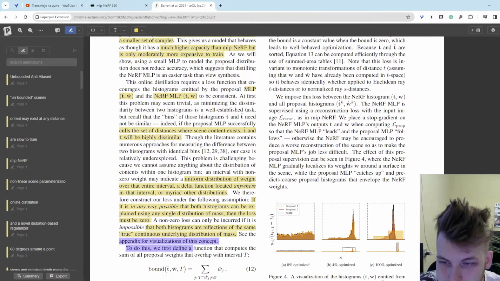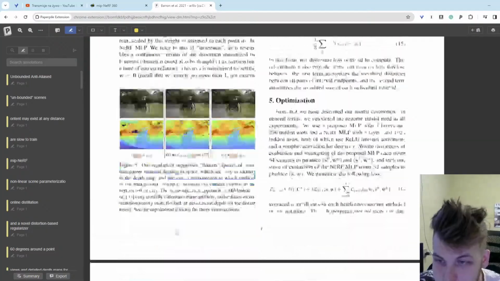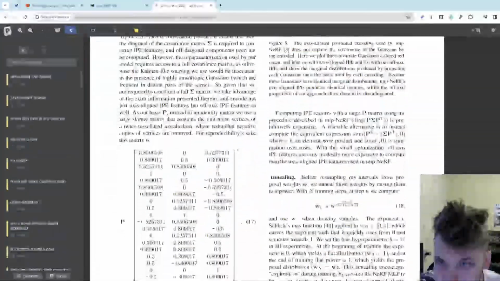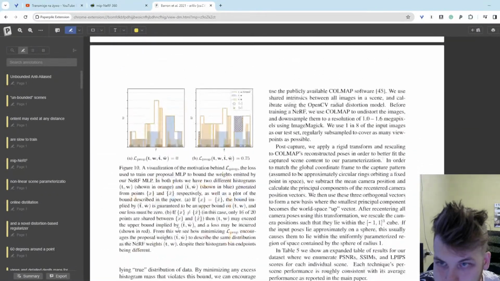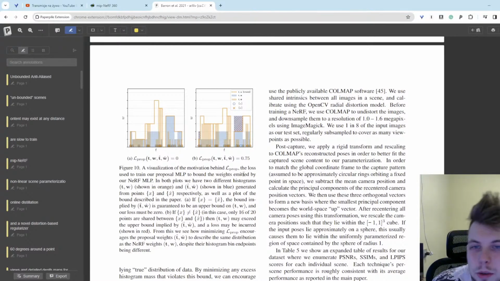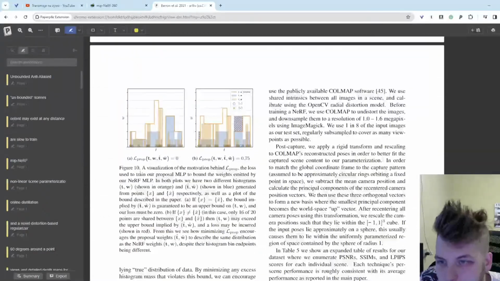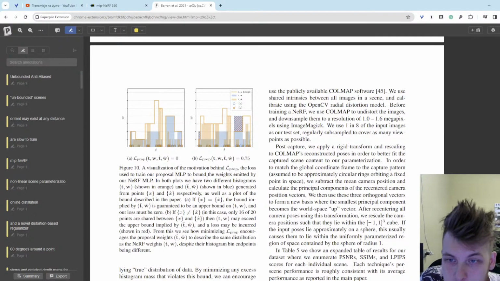They have some visualizations in the appendix, so let's see, that's gonna help me explain what's going on here. Oh, this will be it probably, right? Visualization of the motivation behind this loss used to train our proposal MLP to bound the weights emitted by the NeRF MLP. In both plots, we have two different histograms, t and w shown in orange and t-hat and w-hat shown in blue, generated from points x and x-hat respectively, as well as a plot of the bound described in the paper.